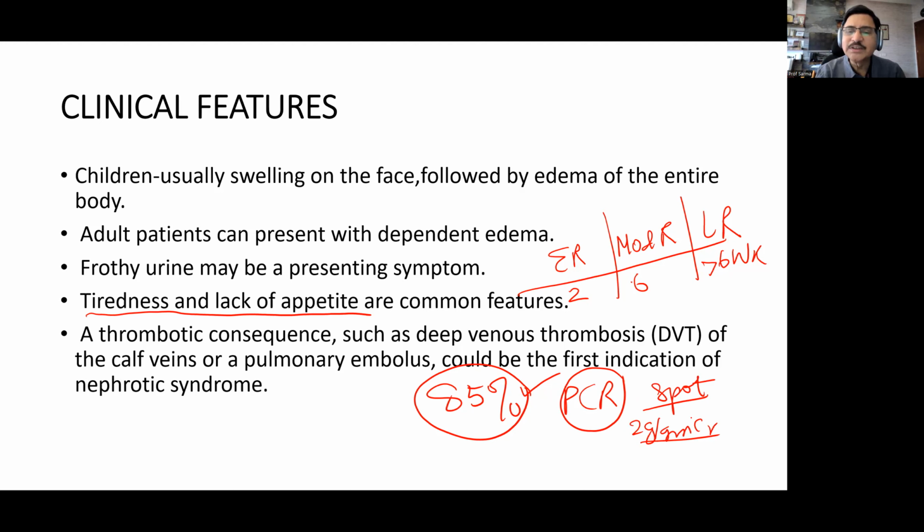You don't see that very much in nephrotic syndrome, although it can occur. So you have to learn early responders, moderate responders, late responders to steroids, and non-responders. If it's a non-responder, you have to go for other drugs to treat the nephrotic syndrome.